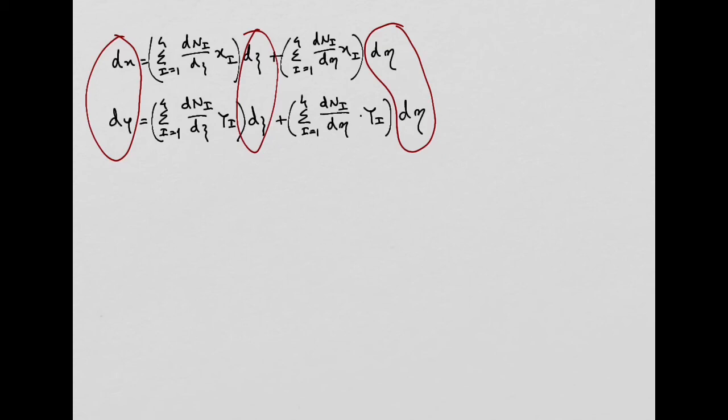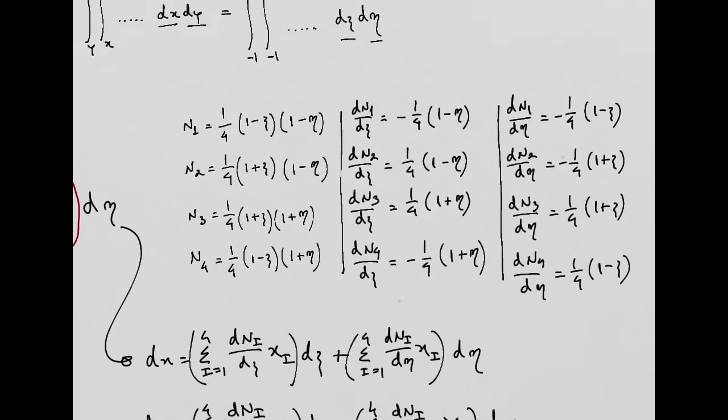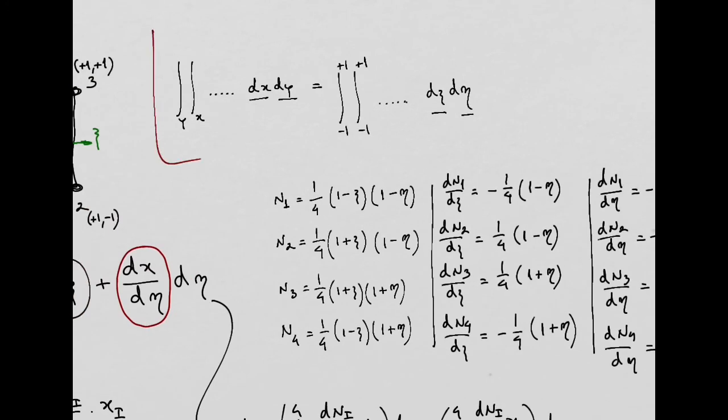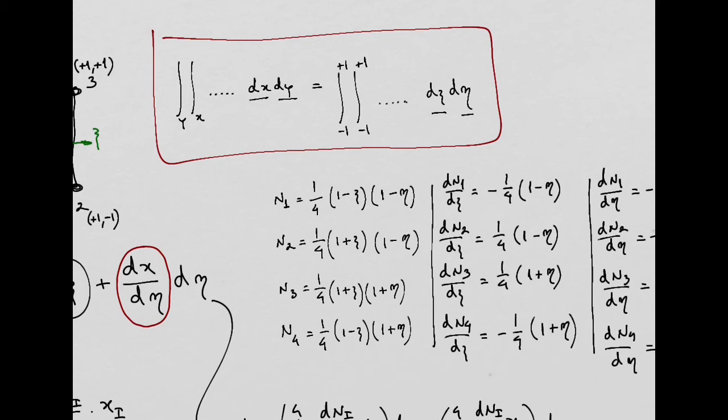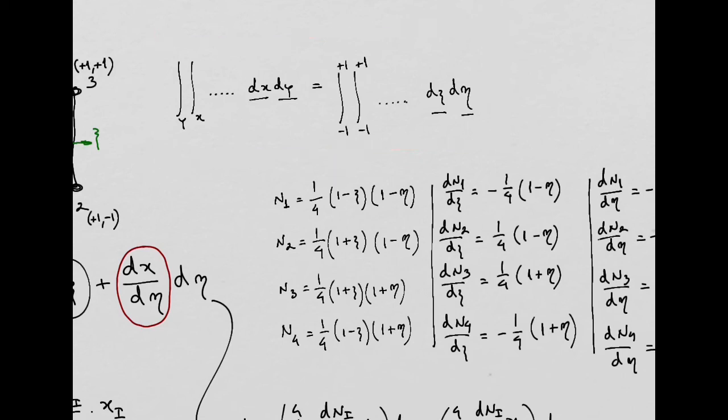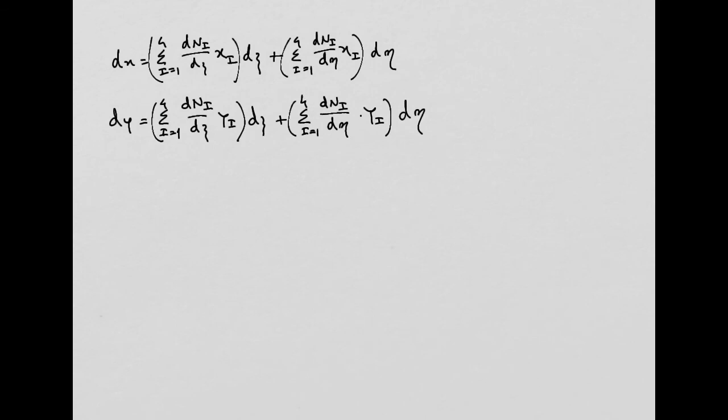This is exactly what we are looking for. Don't forget that our starting point was to find a way of converting an integral in the physical domain into an integral in the natural domain so that it can be programmed in the computer, right? And that's exactly what we are achieving here.